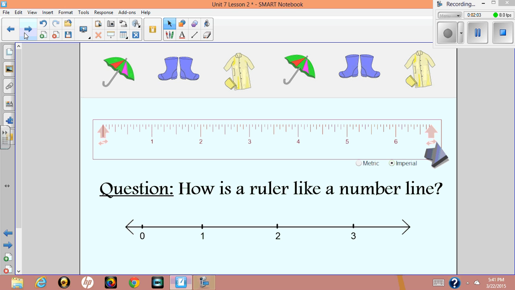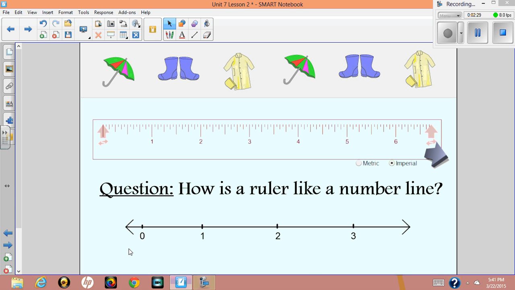This is a question I want you to start thinking about, just so that you'll understand how a number line works. So how is a ruler like a number line? Well, if you look at our ruler here, it's divided into equal segments, and the numbers increase as they go to the right. The same is true with a number line. The numbers increase as they go to the right.